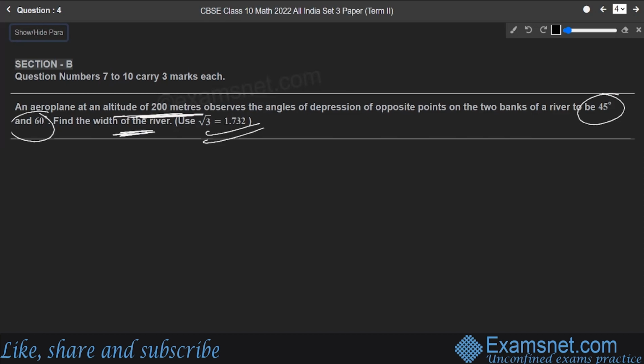Let us draw the diagram first. The height of the aeroplane is 200 meters, as they say. So this is the height of the aeroplane from the ground, 200 meters, and it is taken up along a river.